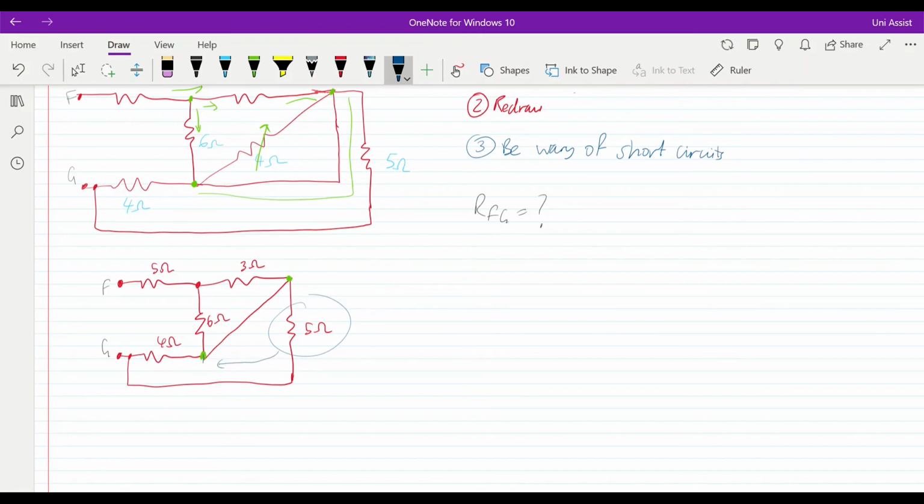If I redraw that, it would look like this. Just to make things clearer, I'm going to redraw the whole circuit. Another thing to notice is that because this node is common, and it's shared via this point between the 6 ohm and the 3 ohm, these two are actually in parallel.